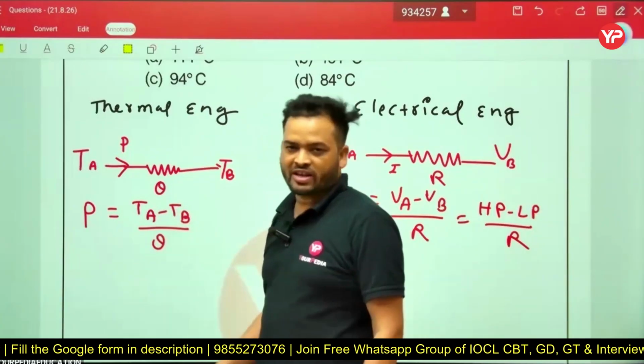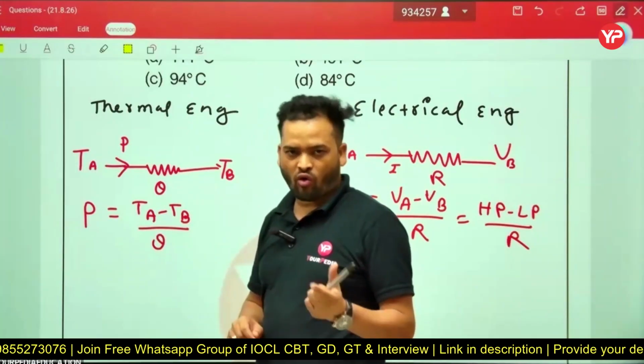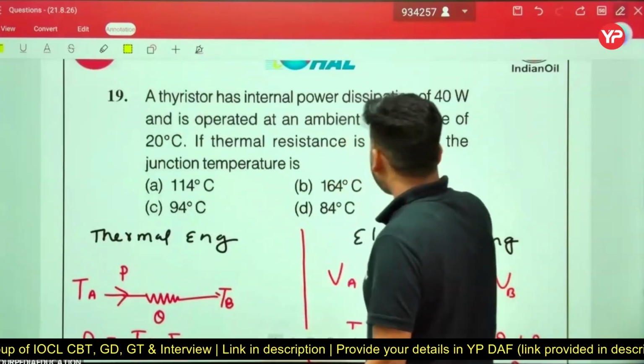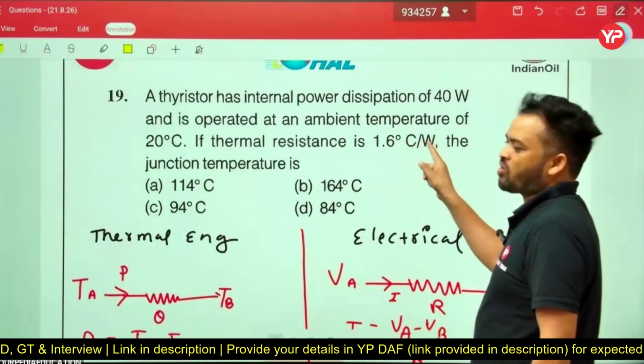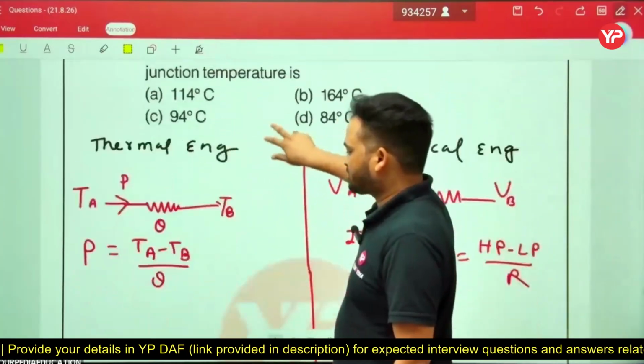Then what is the unit of theta? The temperature difference is in degree centigrade, and P is in the denominator. Then the unit is degree centigrade per watt. See the question: thermal resistance is in degree centigrade per watt. That is why we use the unit degree centigrade per watt.